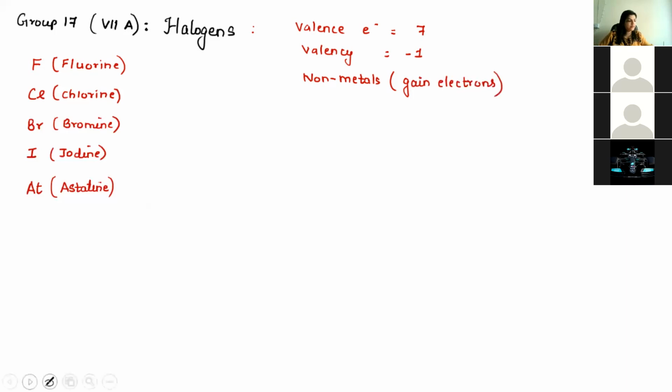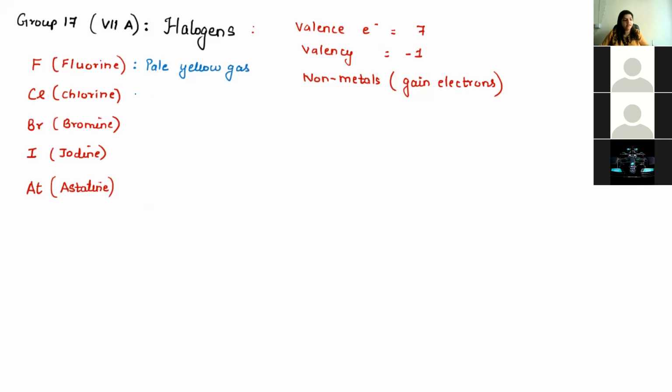Another peculiarity of this group is that it's a very versatile group. Versatile means this is the only group in the periodic table where all 3 states of matter are available. For example, fluorine is a pale yellow gas.